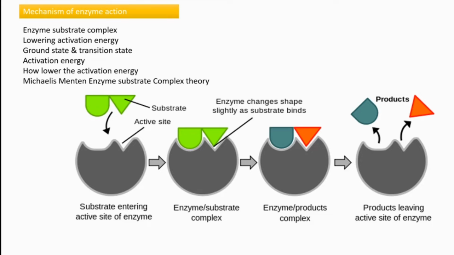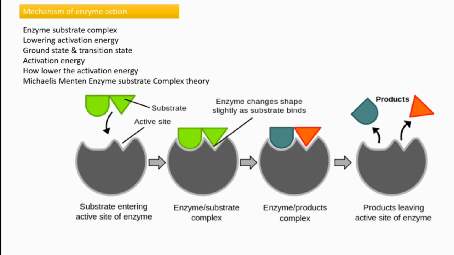For all reactions to proceed forward, a certain amount of energy is needed. Whatever reaction needs higher activation energy will always proceed very slowly. For such a reaction, if an enzyme is present, that enzyme lowers the activation energy, and by lowering that activation energy, it helps that reaction to proceed forward very fast.